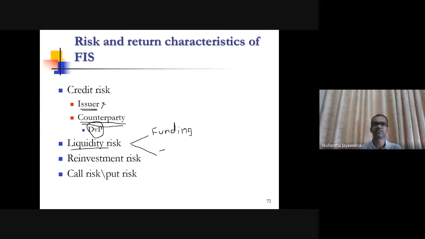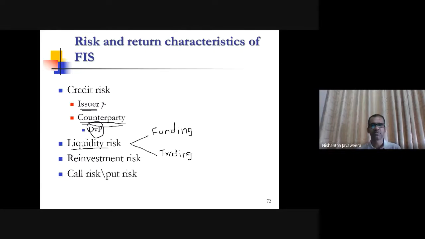The other one is trading liquidity. What's the difference between funding liquidity and trading liquidity? Basically, liquidity risk means that from your side, you may not be able to honor your obligation.